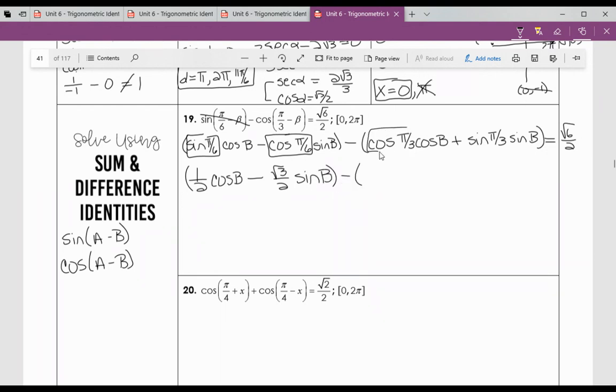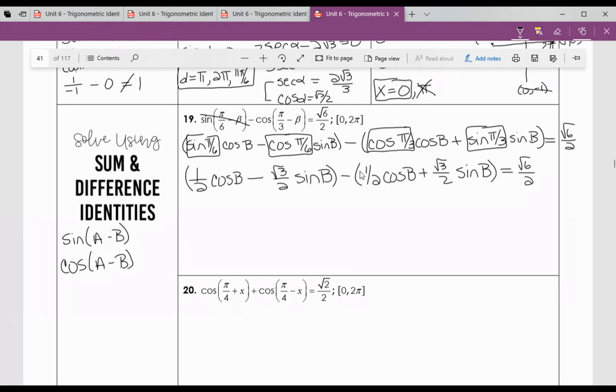Here, cosine of pi over 3 can be replaced with 1/2 cosine beta. Sine at pi over 3 can be replaced with square root 3 over 2 sine beta. And that is equal to square root 6 over 2.